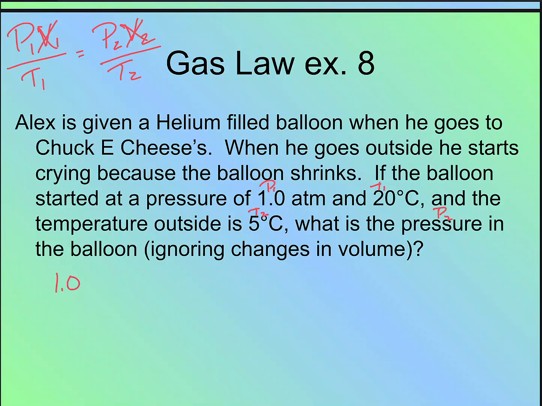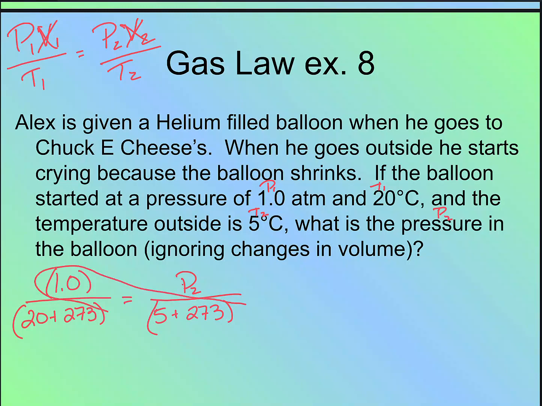So I have 1.0 divided by 20 plus 273 equals P2, because that's what I'm solving for, over 5 plus 273.